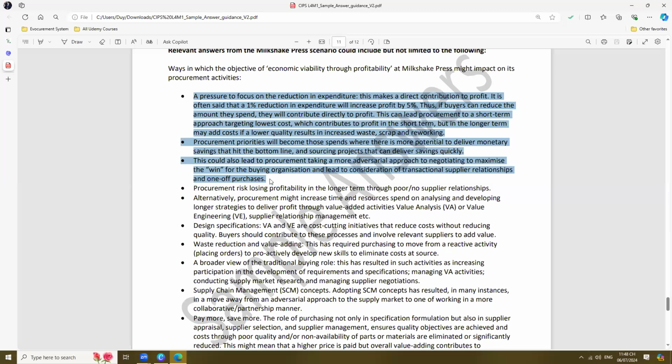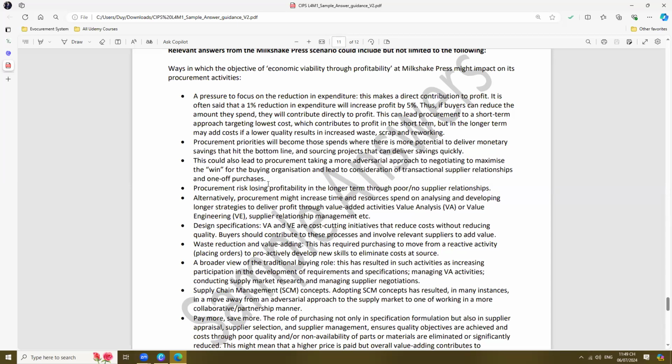You may know the points, like the pressure on focusing on the duration expand may put some pressure on procurement, and you may write further to make it more relevant to the scenario. Like in the case of milkshake, what would happen?